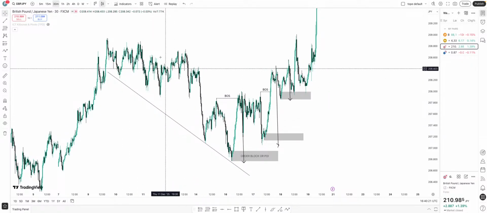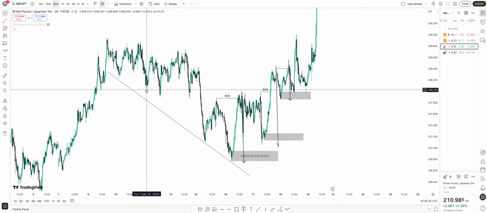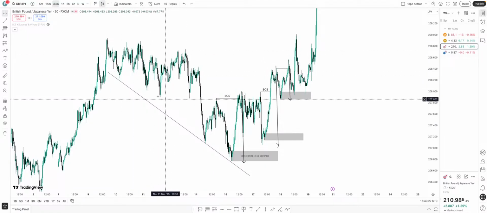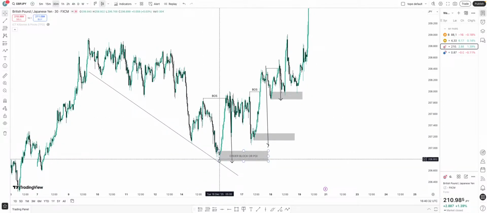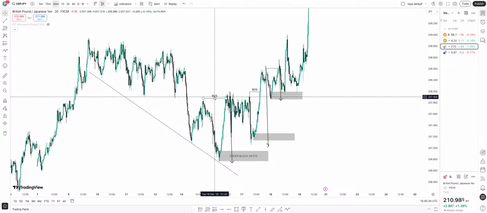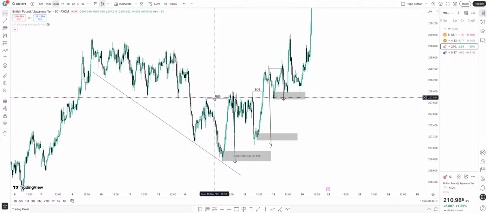And while it was selling, it was not breaking above the highs. It was just taking the lows. It took this low, this low, this low, and this low. But after taking this low, we came and took this high. And that's the first violation in the market. So that's the change of character. It has changed its previous character.